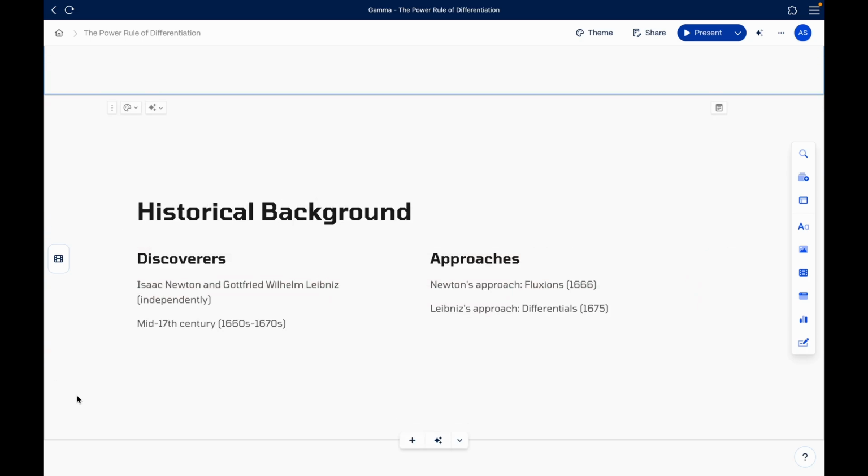There were 2 main discoverers of the power rule: Isaac Newton and Gottfried Wilhelm Leibniz, who I think also created the Leibniz notation. Both of them actually did it independently, so they didn't work together at all, and both of these were during the mid-17th century, less than 10 years apart from each other.